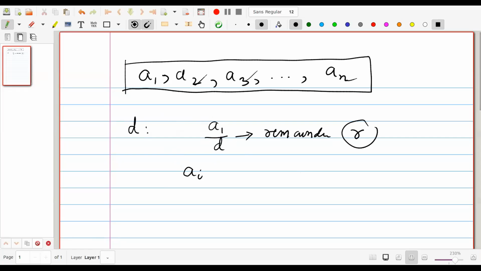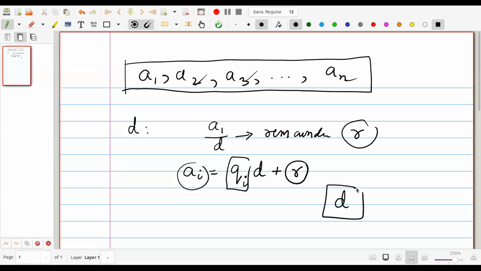Every number a of i can be represented as a certain q of i times d plus r. This r will be a constant for all ai, and the qi's will vary, but it doesn't matter. So what you have to find is the largest number d which holds such a property. That is what you have to output.